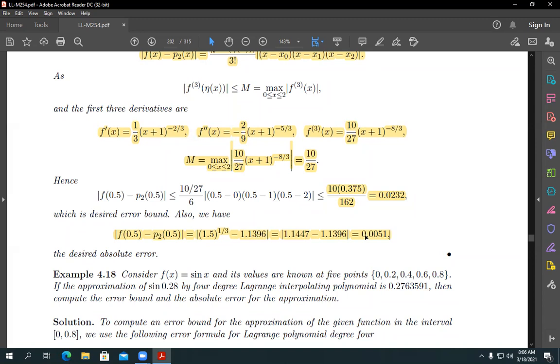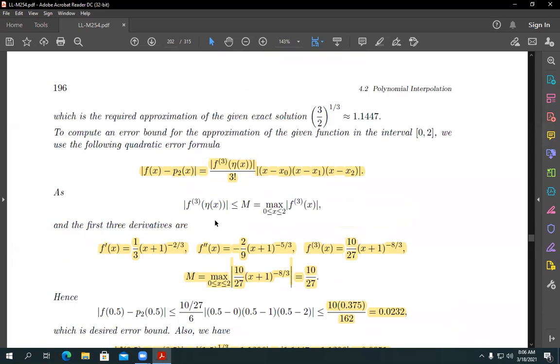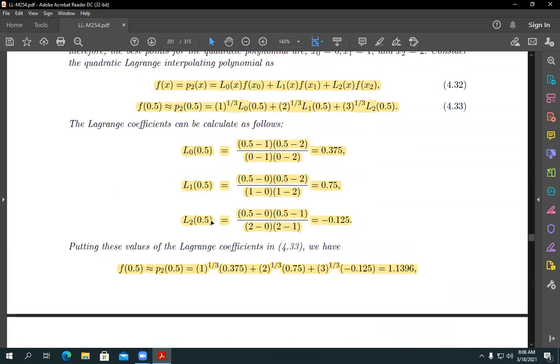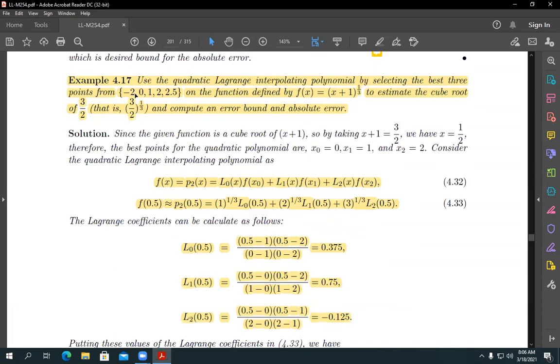So this is a very good question from an examination point of view, because the teacher can give you all the possible tricks. Here he gives you 5 points, and of course the teacher wants to see how you select the best 3 points, because you have to use a quadratic polynomial.